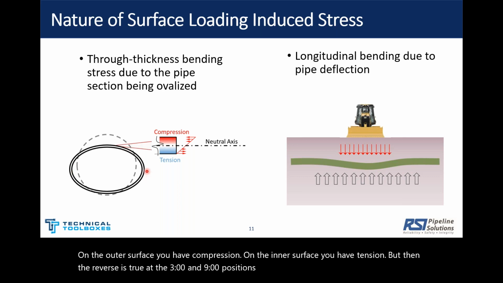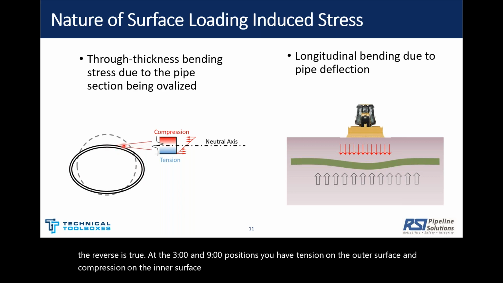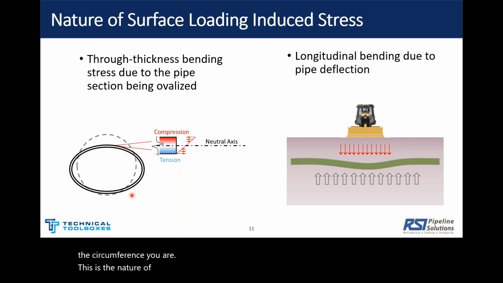You have tension on the outer surface and compression on the inner surface. So those stresses change depending on where along the circumference you are. This is the nature of through thickness bending. And it's also different than the Barlow stress, which is uniform through the thickness.